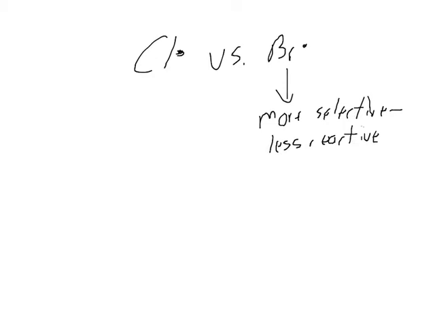It's only going to react to form really stable radicals. Whereas Cl dot is basically going crazy. It's going to react with everything. Cl dot is super reactive, and it's not going to care if you're a primary CH, a secondary CH, or a tertiary. It doesn't care. Br dot is much more selective.